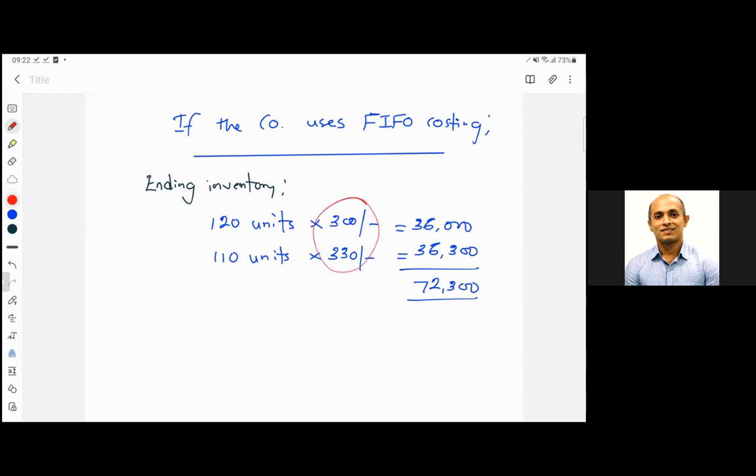So these are current prices. Therefore, your inventory value is okay. That's suitable for your analysis.